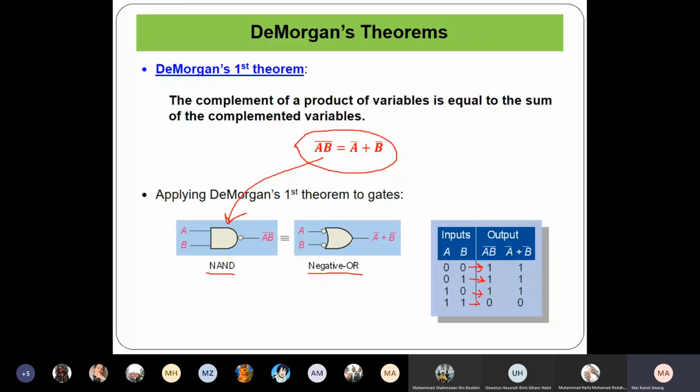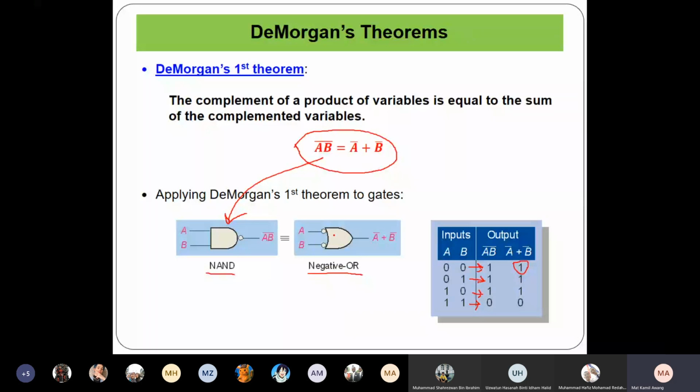So that is the AB bar. For this one, 0 not becomes 1, 0 not becomes 1, so 1 or 1 is 1. Then 0 not becomes 1.